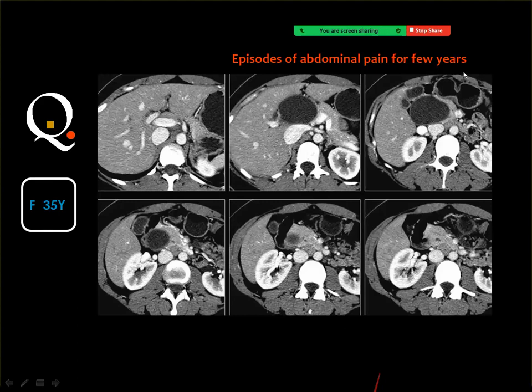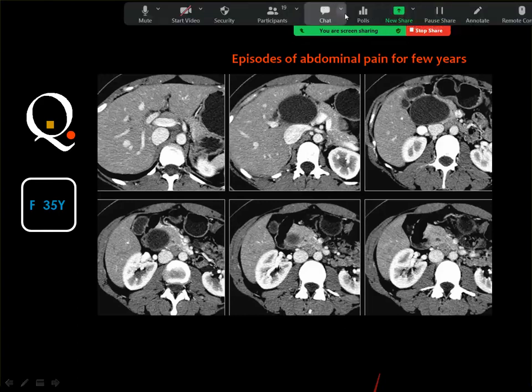Abdominal pain. Cystadenoma of the pancreas? No, this is actually the common bile duct, which is markedly dilated. If you go to the terminal end of the common bile duct, you see nothing. And if you go to the intrahepatic biliary radicles, they are not dilated.